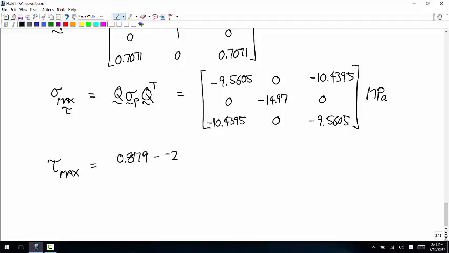Minus the minimum, divided by 2. And it might not match exactly because of round off or whatever, but you can see it's pretty close. It's going to be 10.440 or something. It works.